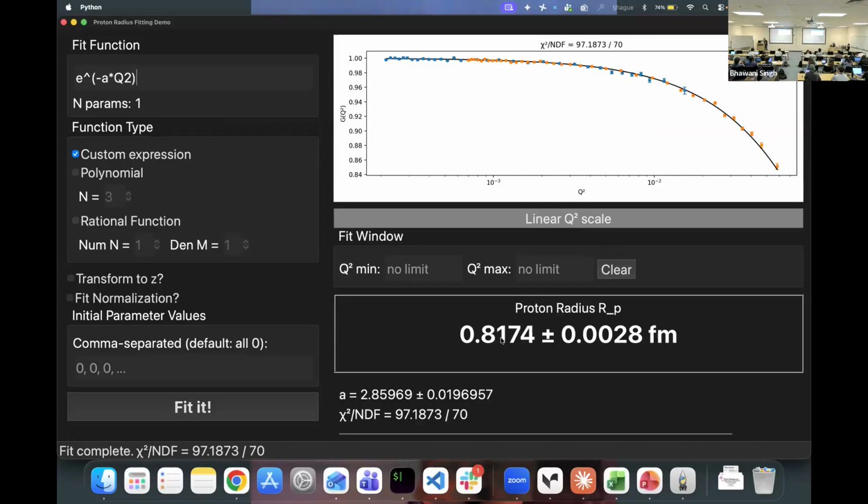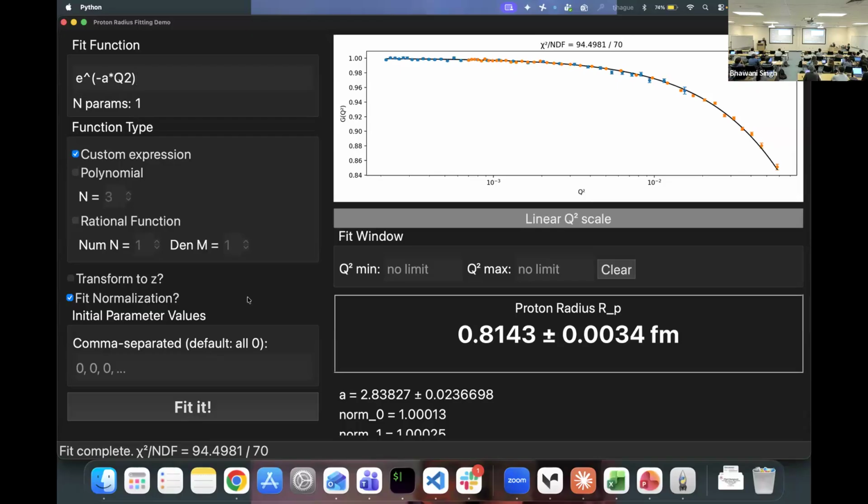Right, so this gives you your fixed point at q squared of 0 is 1, and it fits the data, and you get 0.81. You can also press this fit normalization button, and it allows the normalization of the two data sets to float so that they match better. And apparently this is pretty resilient to that. That's pretty interesting. Maybe we should try this. I'll have to run that up the chain.